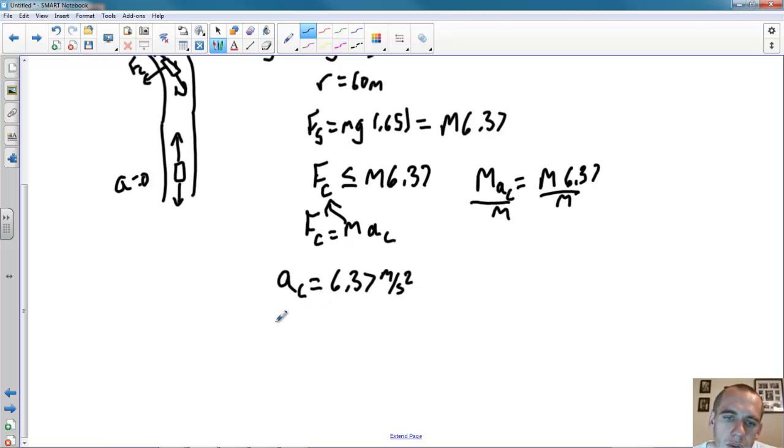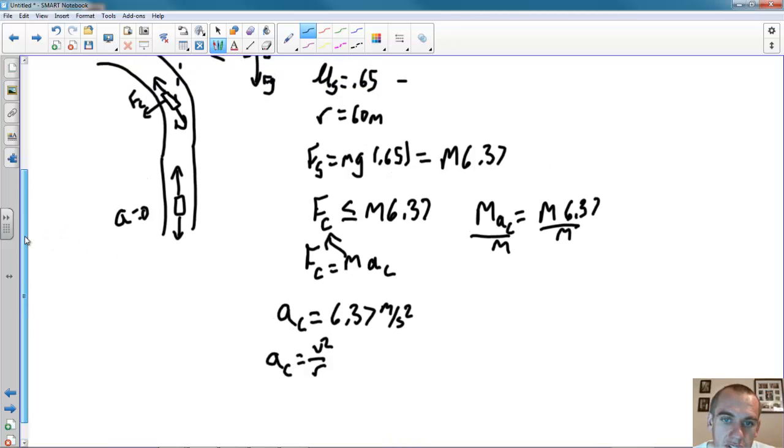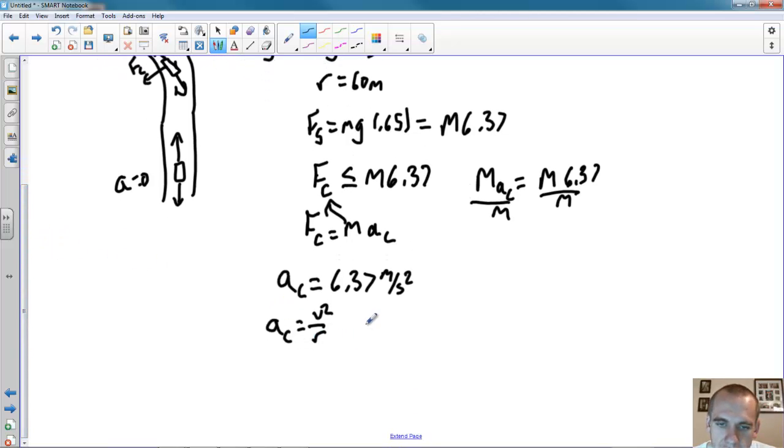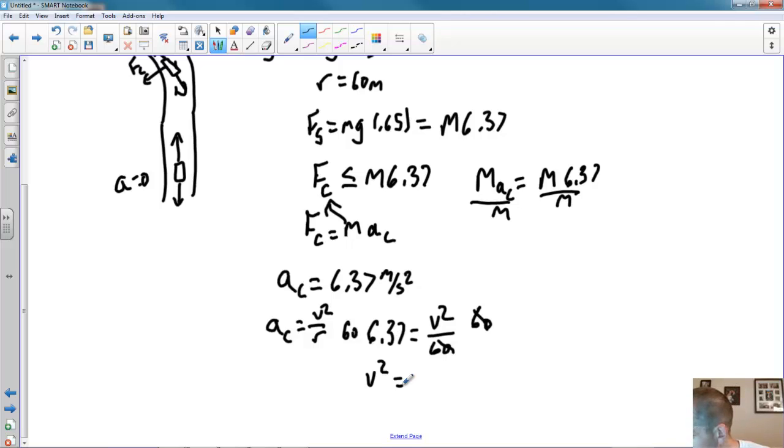I know one more equation: centripetal acceleration, a_c, is equal to velocity squared divided by the radius. The radius was given as 60 meters. So 6.37 equals v squared over 60. Multiply both sides by 60, and I get v squared equals 60 times 6.37, which is 382.2.